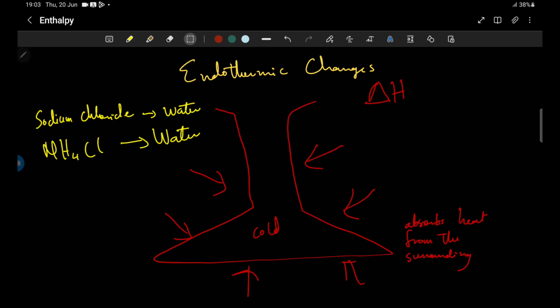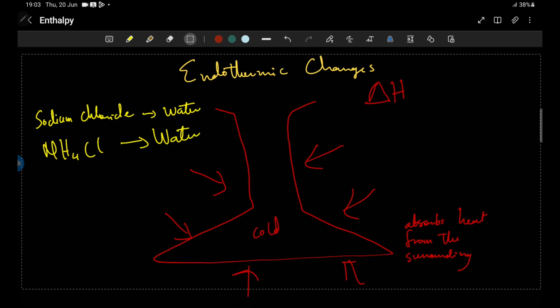Now, how do we go about the notation for endothermic processes? Remember, for exothermic, the heat energy level of the products is lower than that of the reactants. But for endothermic, the heat energy level of the products is higher.